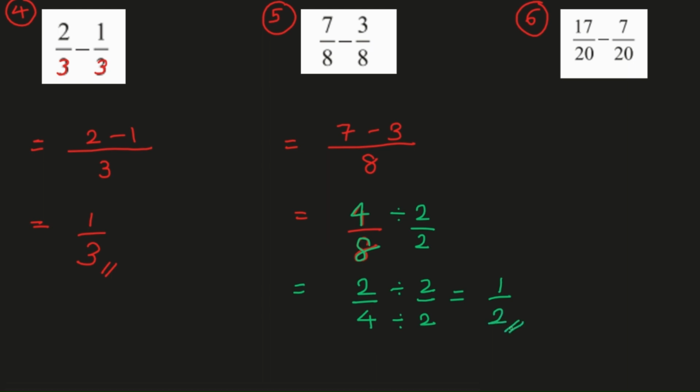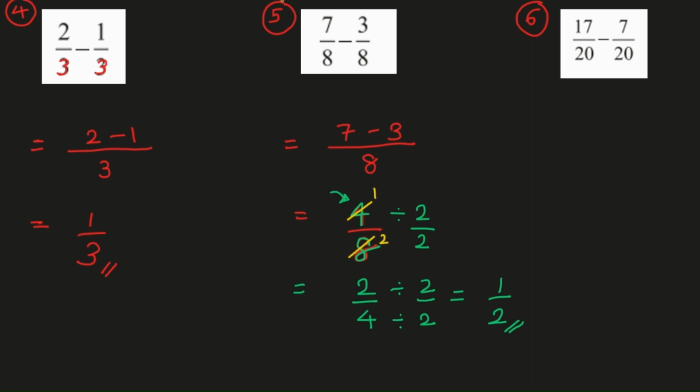The answer 4 upon 8 is correct, but you simplified it into 1 upon 2 by dividing by 2 twice. Instead, you could have divided by 4 as well. If the numerator is divided by 4, the answer is 1. If the denominator is divided by 4, the answer is 2.